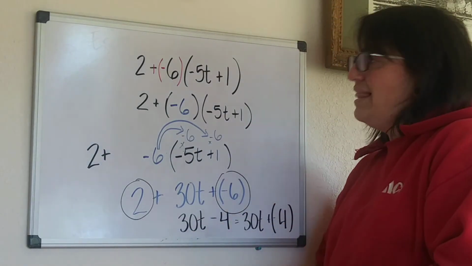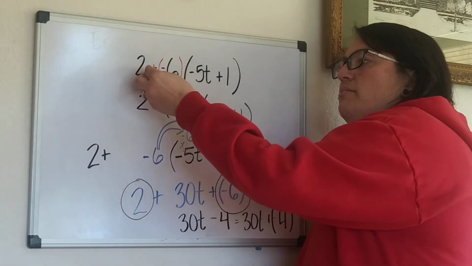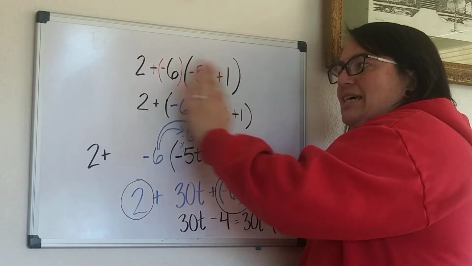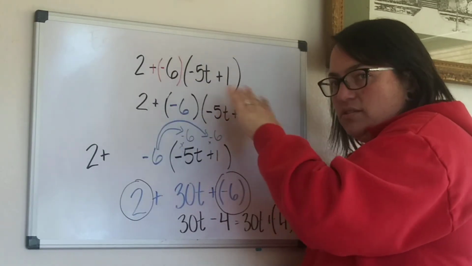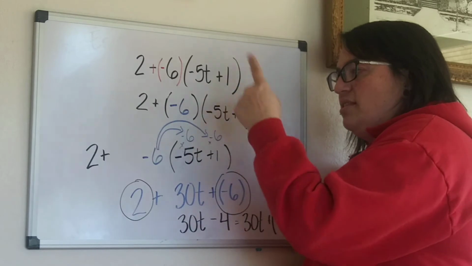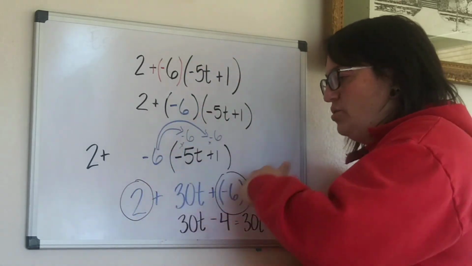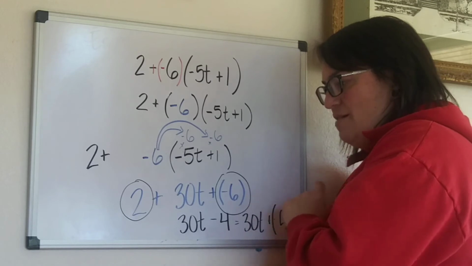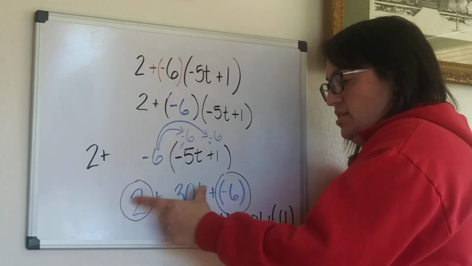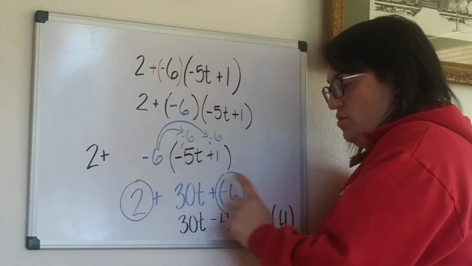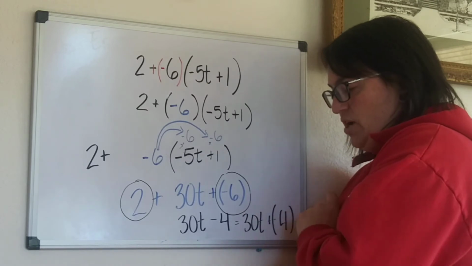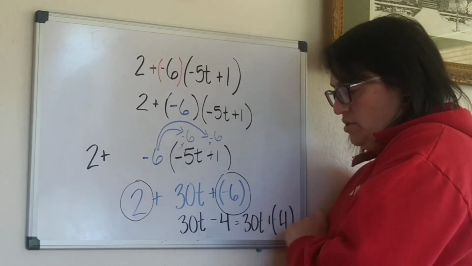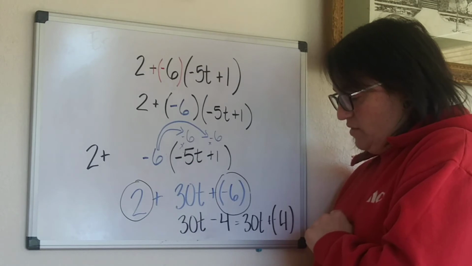Okay, so I like to turn everything into just addition with negatives, because then I only have one set of rules to remember. A negative times a negative gives me a positive. A negative times a positive gives me a negative. These two are constants, so they can go together. And if I have 2 positives and 6 negatives, I'm left with 4 negatives, which is the same as subtracting 4 positives.